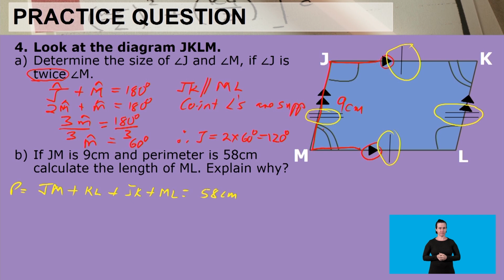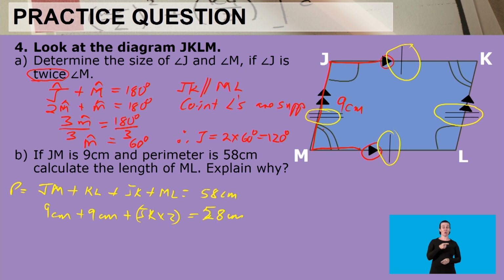And what we know is that JM is 9 centimeters, and the side that is equal to JM, which is KL, is also 9 centimeters, and then JK and ML are equal, so we'll write that as JK multiplied by 2 because it's the same side, which equals 58 centimeters.